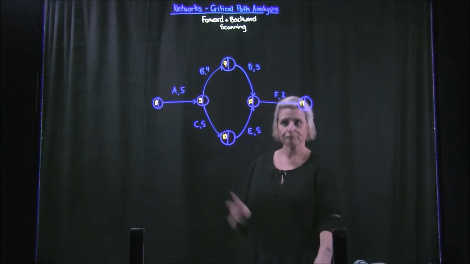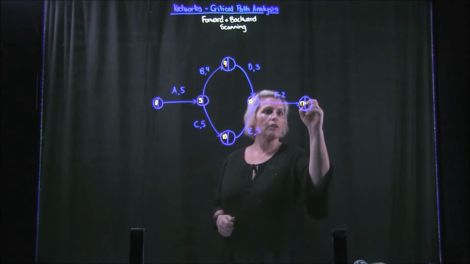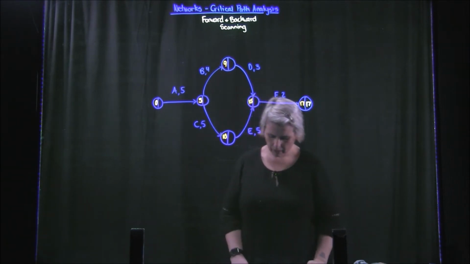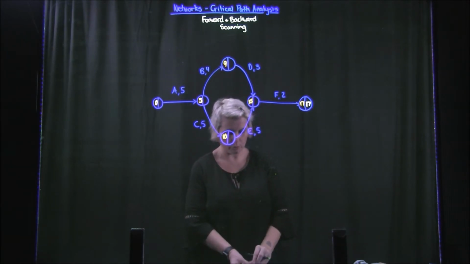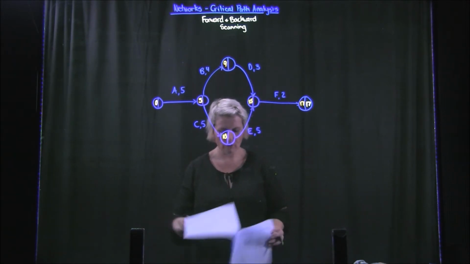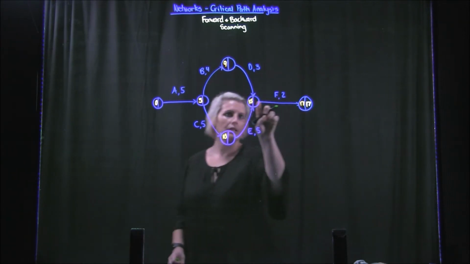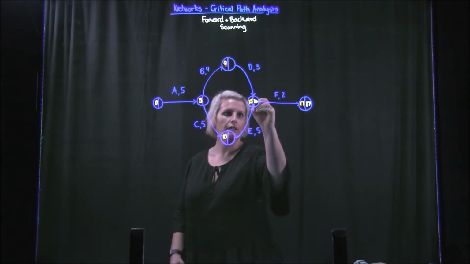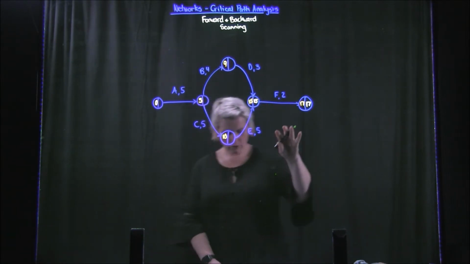Backward scanning. Now to backward scan, we're going to put 17 in last, because that's the earliest completion time for the project. Earliest time it can finish. Then we're going to work backwards. So 17 take away 2 is going to be 15. Then we're going to go top node.